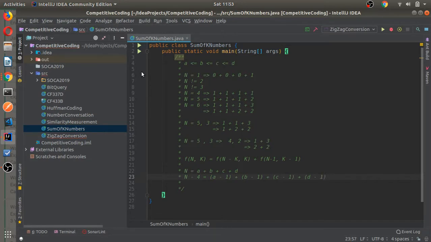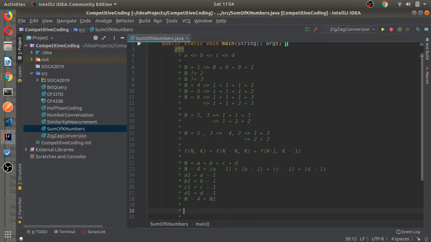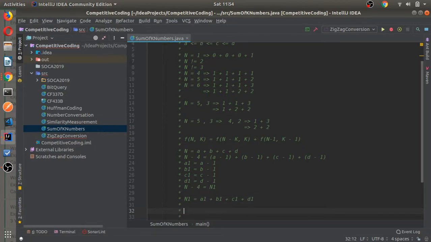So if you observe, this can be represented as, let's say, a1 is equal to a minus 1, b1 is equal to b minus 1, c1 is equal to c minus 1, d1 is equal to d minus 1, and n minus 4 is equal to n1. So it comes down to n1 is equal to a1 plus b1 plus c1 plus d1. It essentially means f of n1 comma k, again, because it's still 4 numbers.